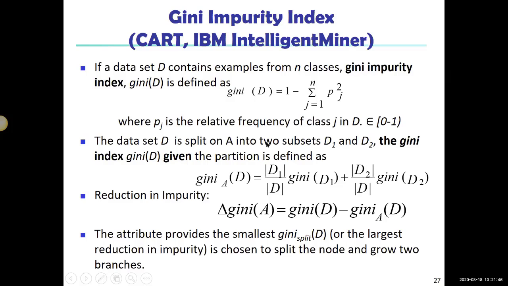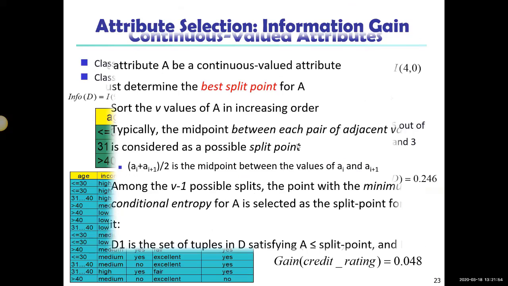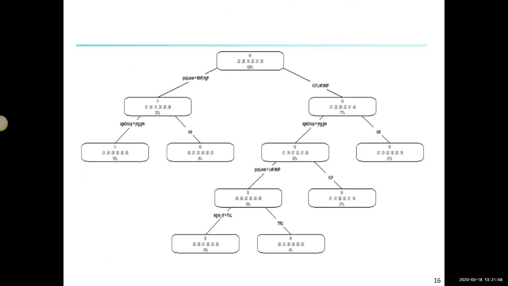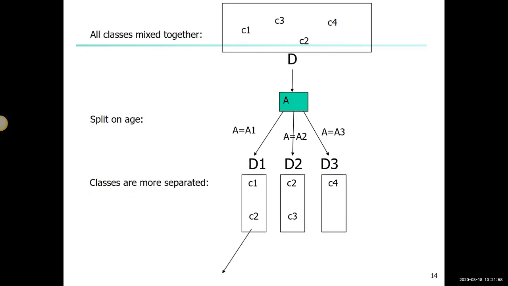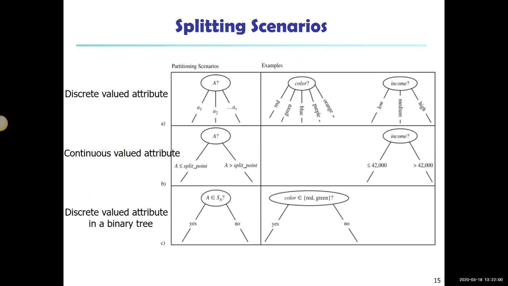I don't know if you have questions on how to split A into 2 subsets. If we go back to what we talked about before the break, we can see this is a multi-way split, where you can split based on every unique value this variable has.